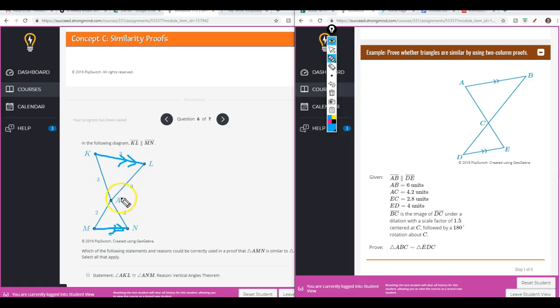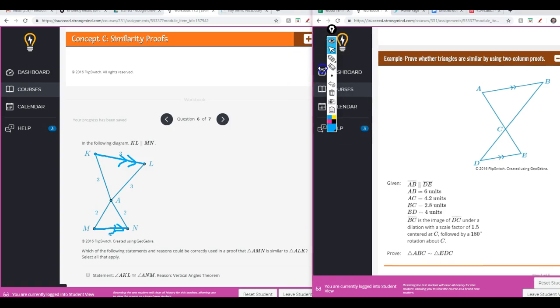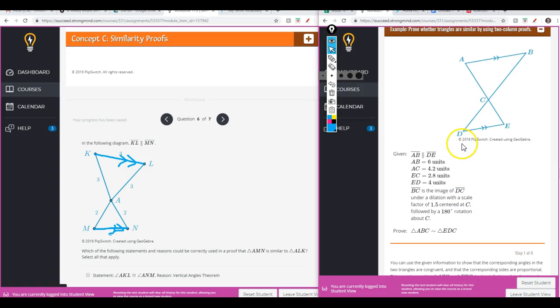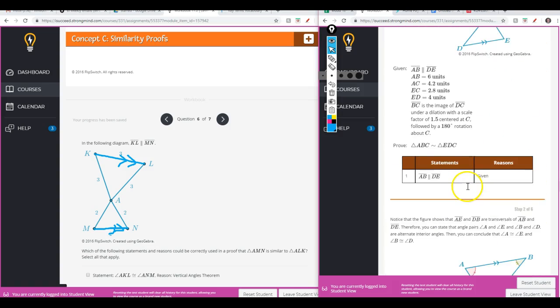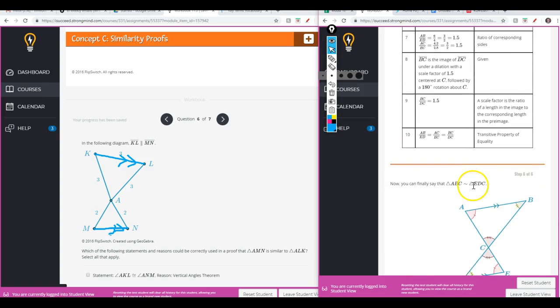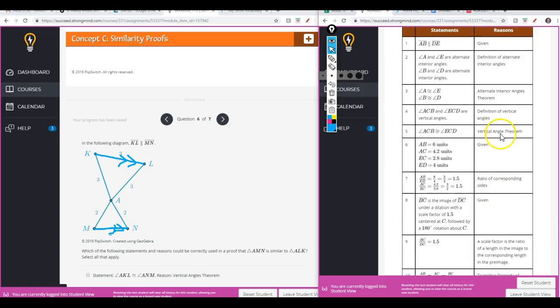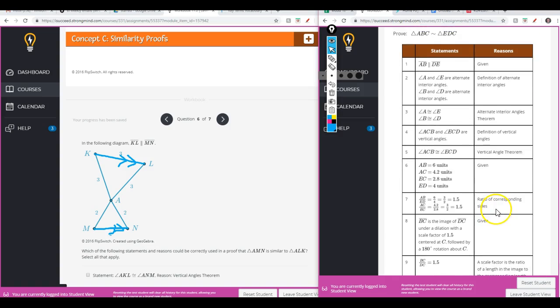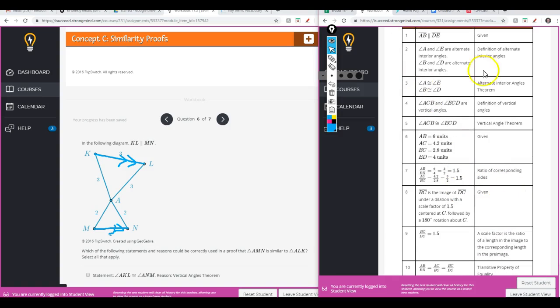And then we have an example of one that we could use because there are side lengths. What I'm going to do, though, is scan to step 6, because it lists out all of these reasons, and so it fills everything in.